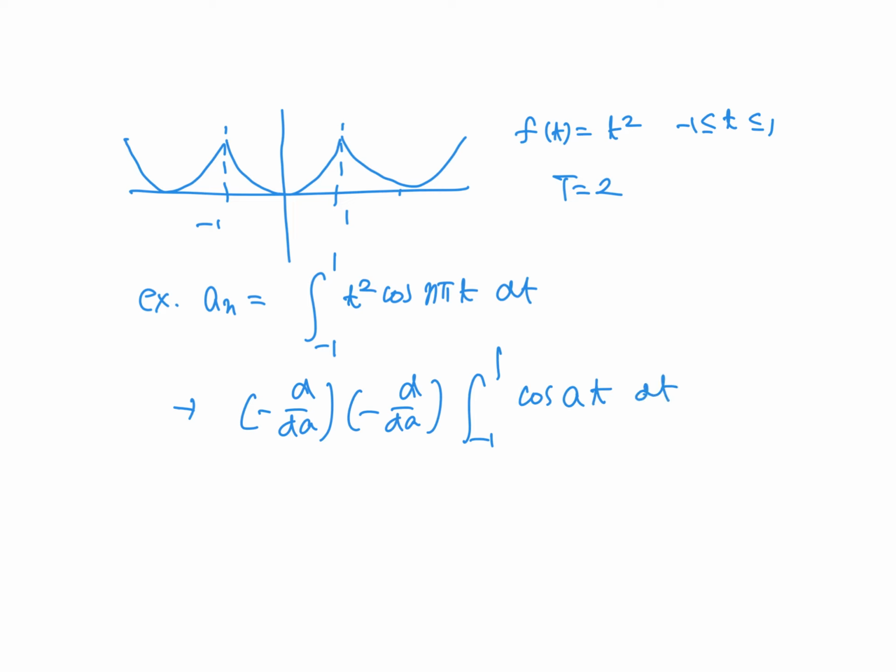What do you get? Sine, minus t sine t. So minus t a t. This is t cosine, sine at.